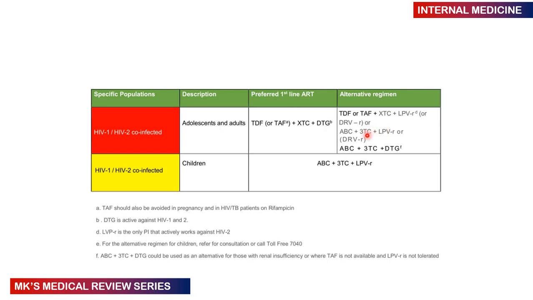Of course, these haven't yet been studied as extensively. And then, ABC, 3TC, and your dolutegravir. If you're using this as an alternative regimen, you should use it especially in patients that have renal insufficiency. Then in children, we use ABC, 3TC, and ritonavir-boosted lopinavir.